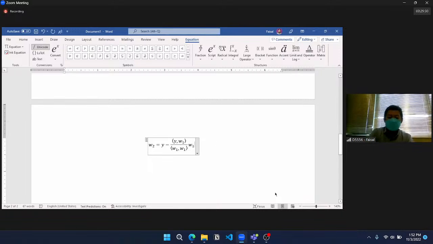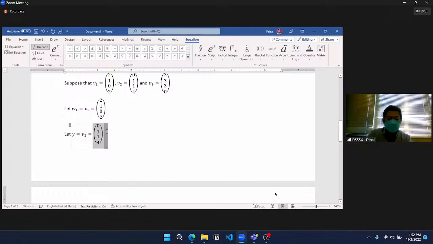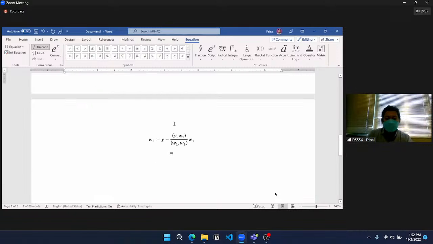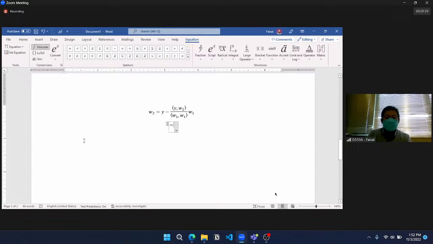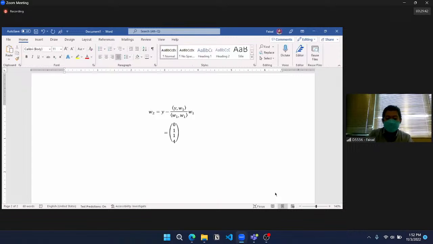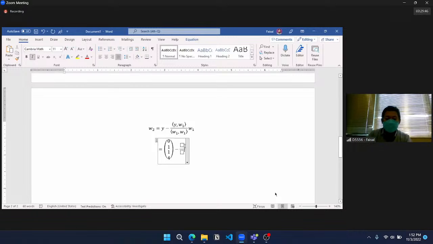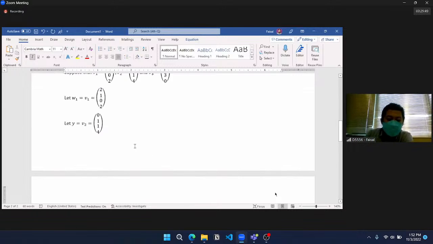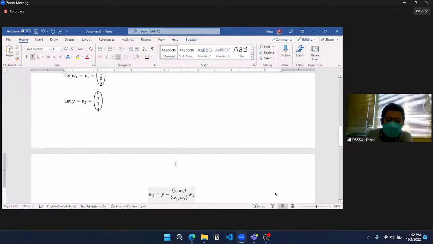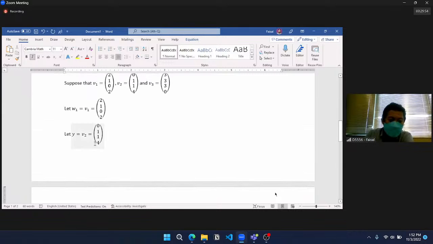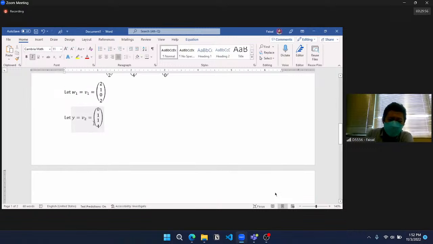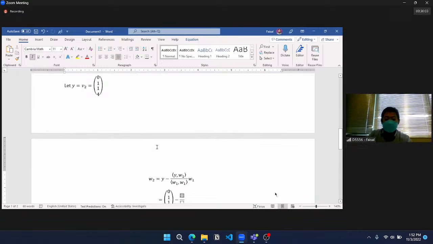Now we compute. y is 0, 1, 1, 4, minus. Now we compute the dot product of y and W1, the dot product between the first and second vectors.